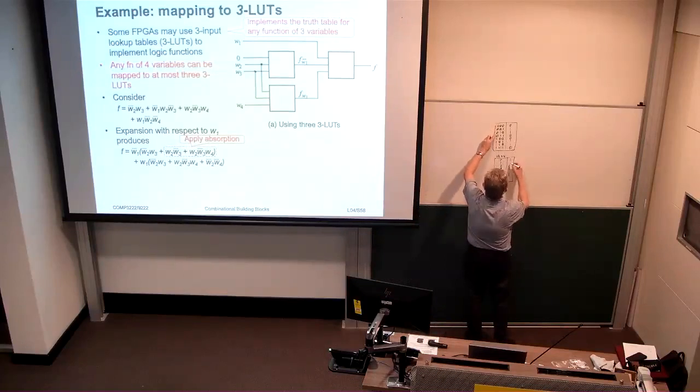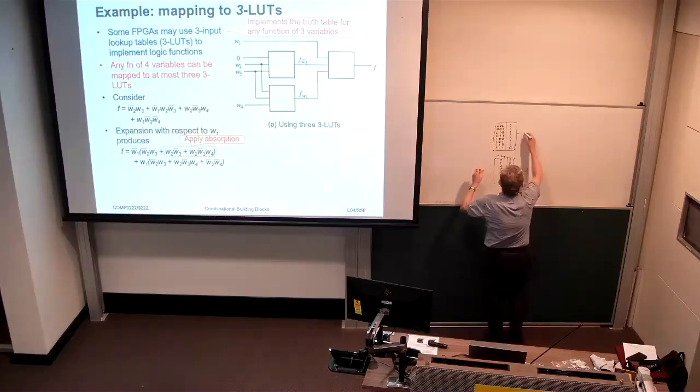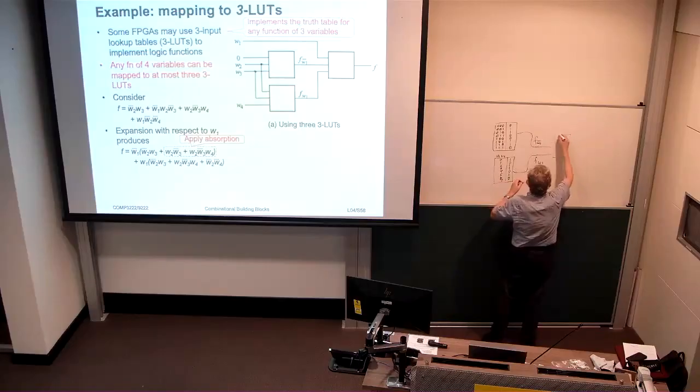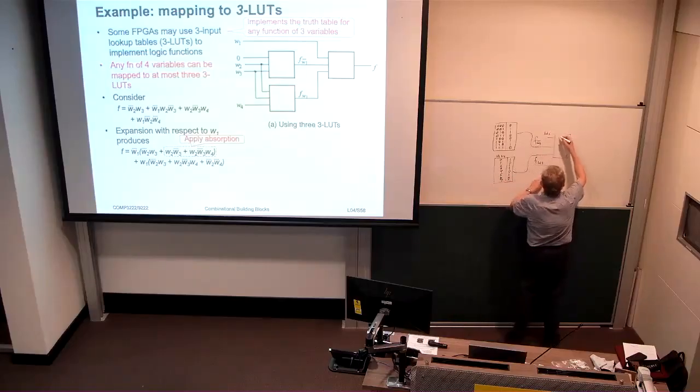A 1 in 2, it's only those two, and the rest is right. So this is F of W1 bar, this is F of W1, and this comes into a lookup table which has W1 coming in here as well, being the most significant bit.